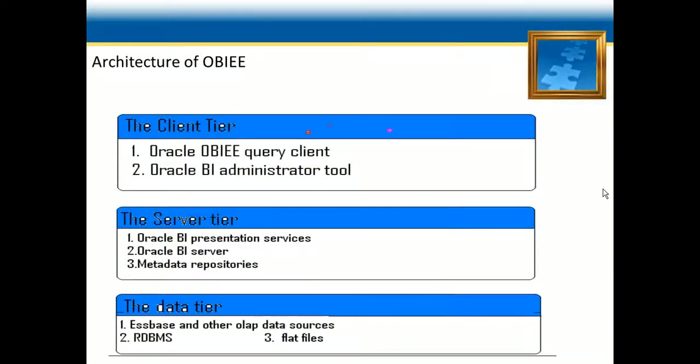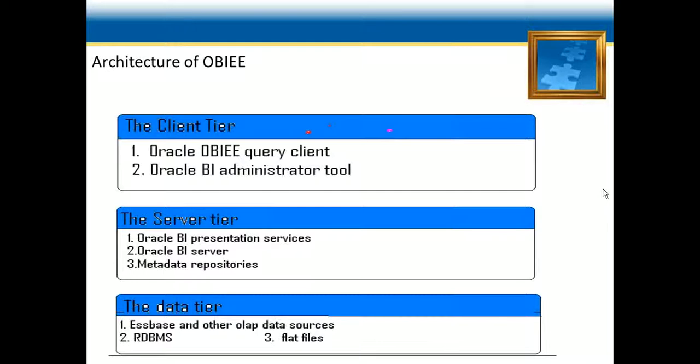The architecture of OBI is a three-tier architecture. The first is the client tier, the second is the server tier, and the third is the data tier. In the client tier, you will have the Oracle BI query client and the Oracle Business Intelligence Administration Tool. In the server tier, you will have Oracle BI Presentation Services, Oracle BI Server, and metadata repositories.